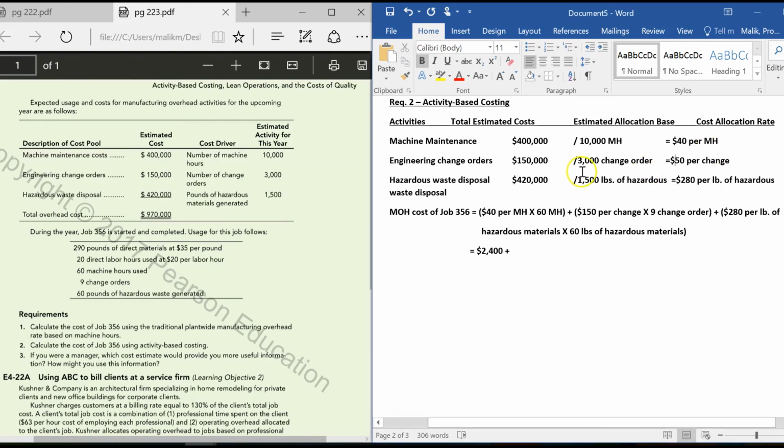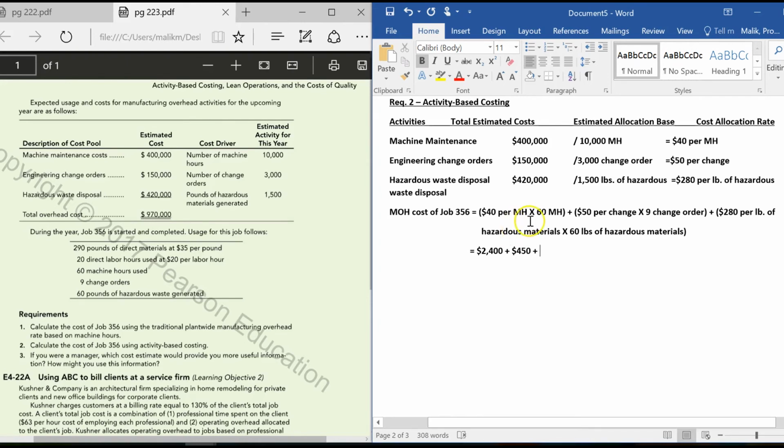The engineering change order cost is 150,000 divided by 3,000, so the per change cost is actually $50, not 150. I apologize for this typo. It's $50 multiplied by 9 change orders, and if we do so, we will find that our engineering change order cost is $450.